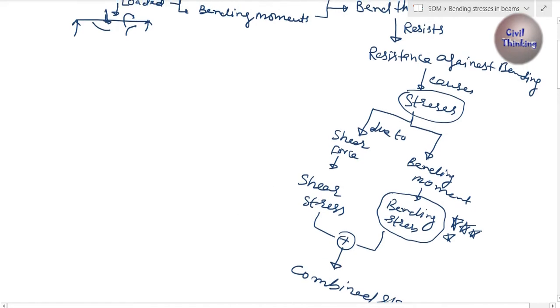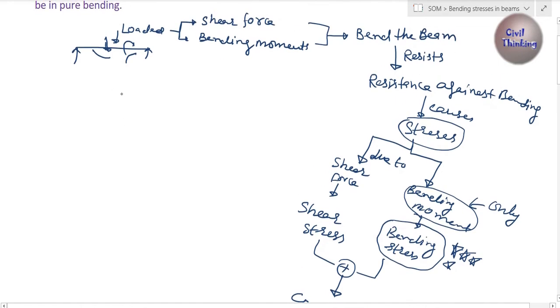Now you can see bending stress is only due to bending moment, right? It means if you want to find bending stress somewhere, that means there should be only bending moment, right? Or we can say the shear force must be zero.